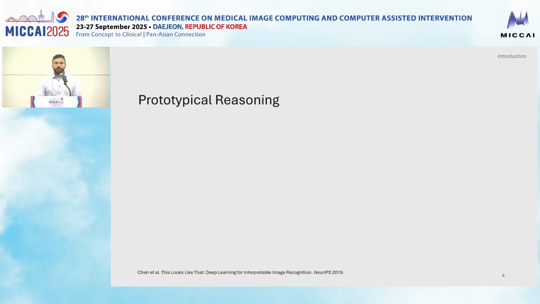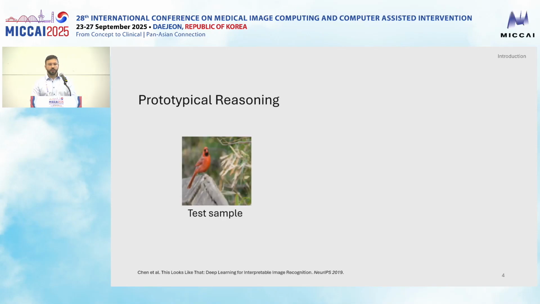The concept that we're building upon is the so-called prototypical reasoning. For those of you not familiar with this concept, I will briefly introduce it. Let's assume we have this image of a red bird, and we would like to know which species this bird belongs to.